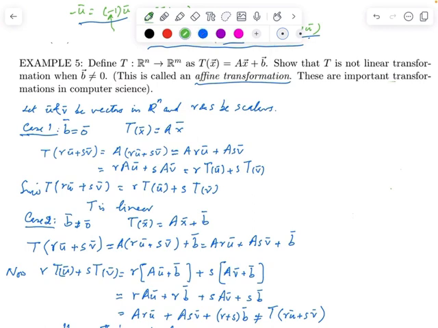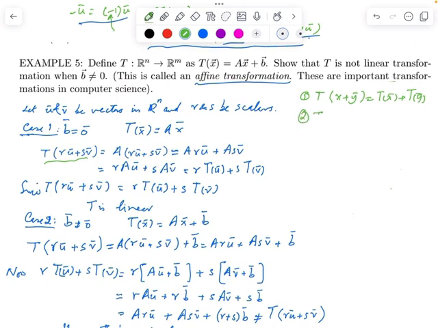Now I have shown the solution using the combined equation for linearity. But if you want, you can do it separately using two results or two equations. One is to show that T of x plus y is equal to T of x plus T of y.